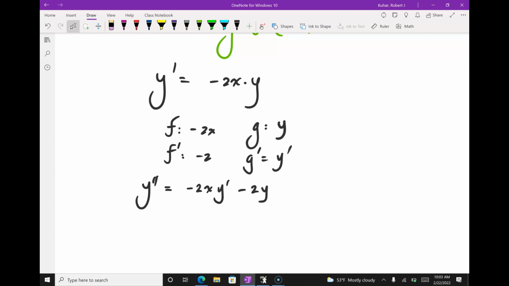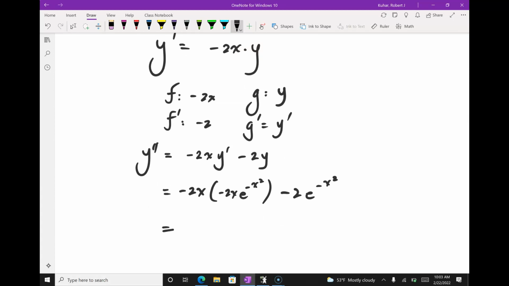Okay, well, I know y and I know y prime, right? I get negative 2x times y prime, which was negative 2x e to the minus x squared, minus 2 times e to the minus x squared. And if you remember, my goal was always to factor. I don't want to distribute here, I want to factor.